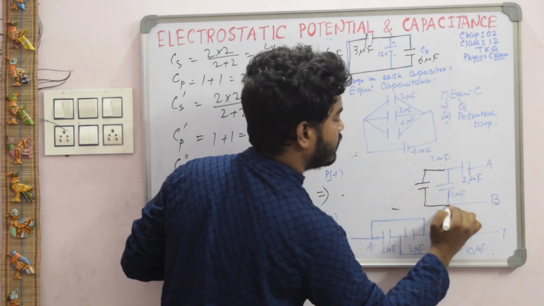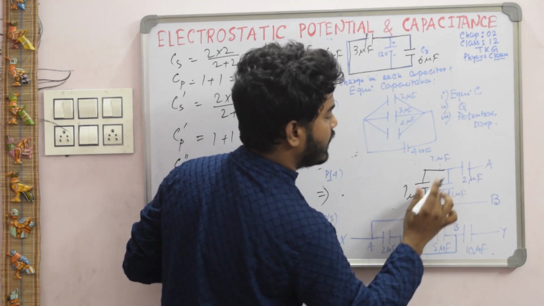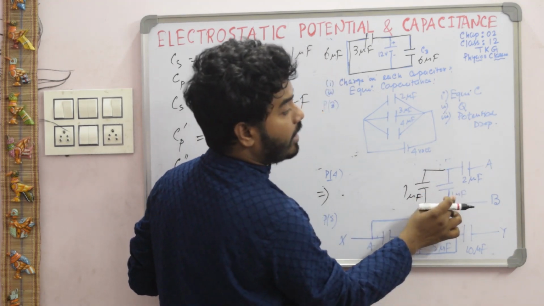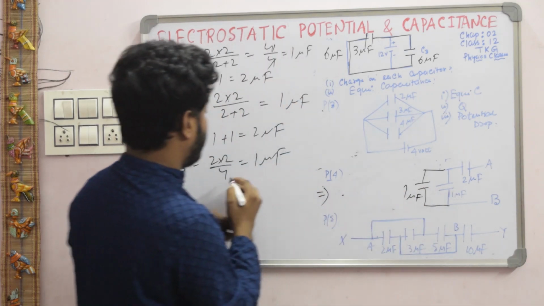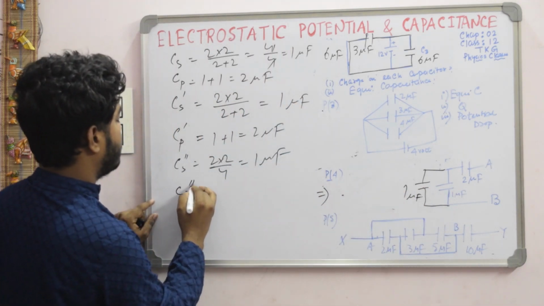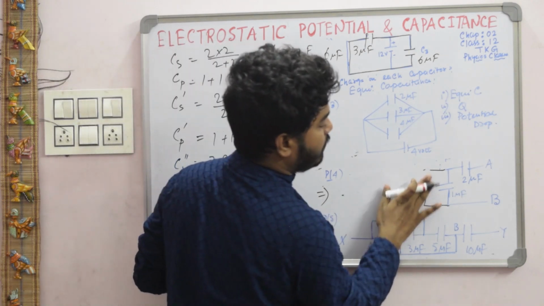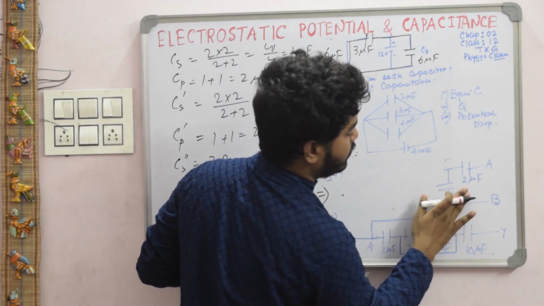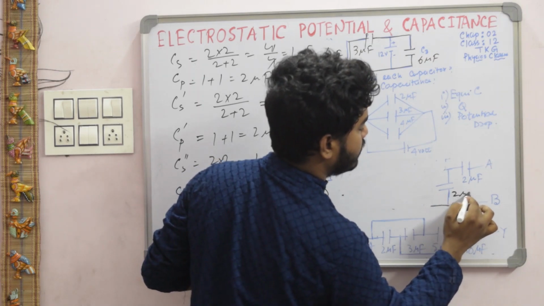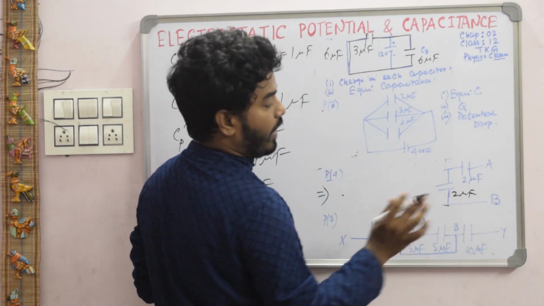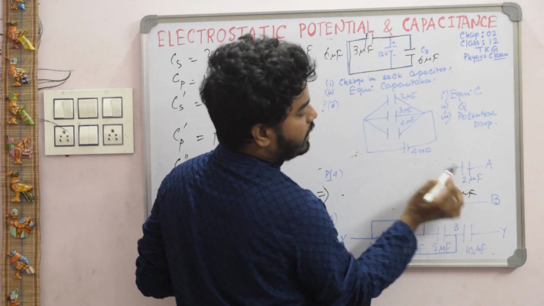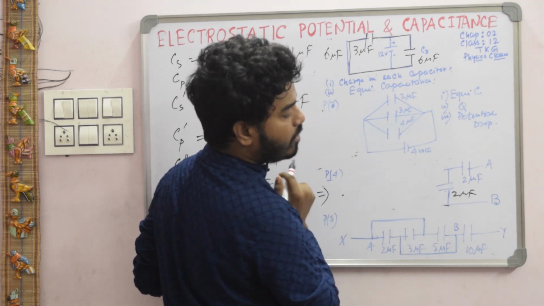Same method. This 1 microfarad again and this 1 microfarad are in parallel combination. So the equivalent capacitance is 1 plus 1, that is equal to 2 microfarad. So this part becomes 2 microfarad. Now finally this 2 microfarad and this 2 microfarad, in which combination?